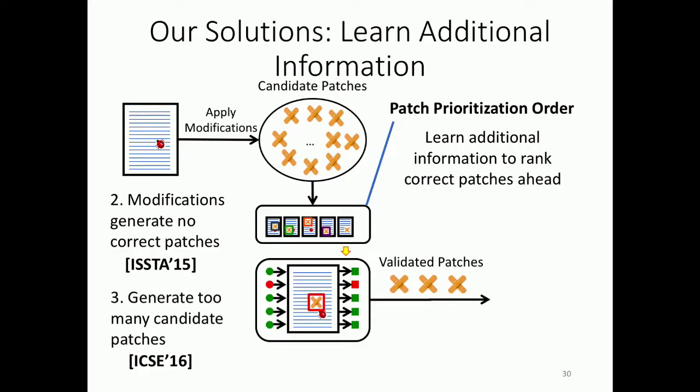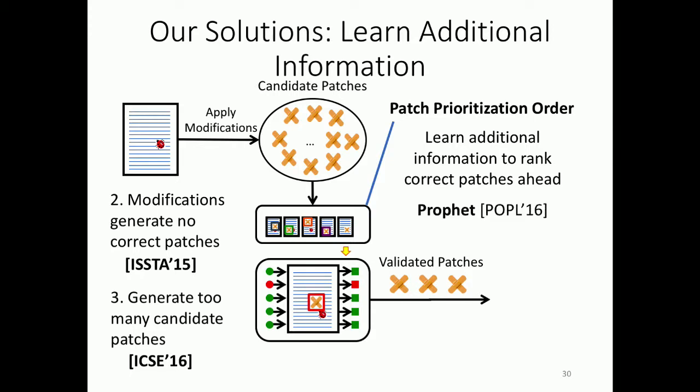Now that we understand those challenges, we can think about solutions. Our solution is to treat the test suite as just one source of information. We learn additional information from human patches, for example, and use this additional information to recognize potentially correct patches, ranking them before they go to the validation stage.